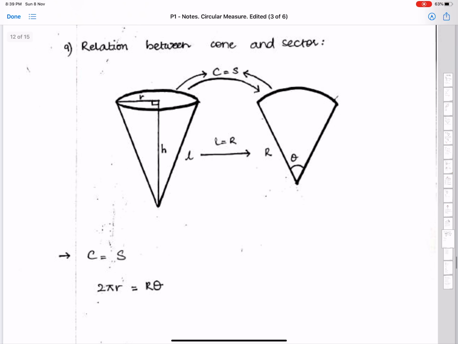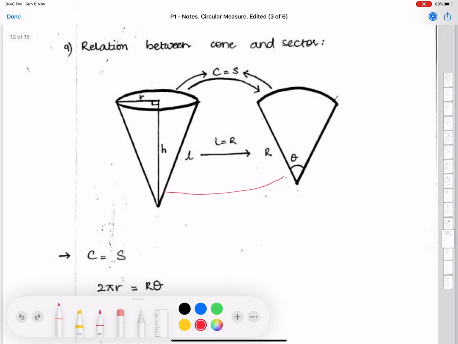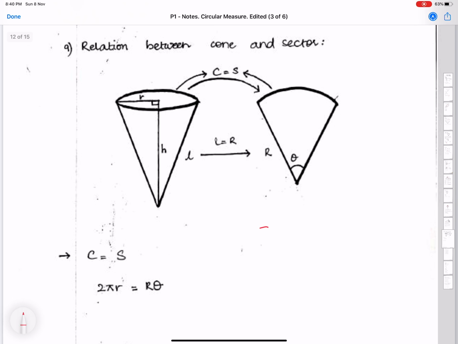Well, you have done this thing as well in O level, the angle relationship between cone and sector. Whenever you unroll a cone, you will get a sector. So the transformation is here. The slant height converts into radius, whereas the circumference of the base of the cone converts into arc length.